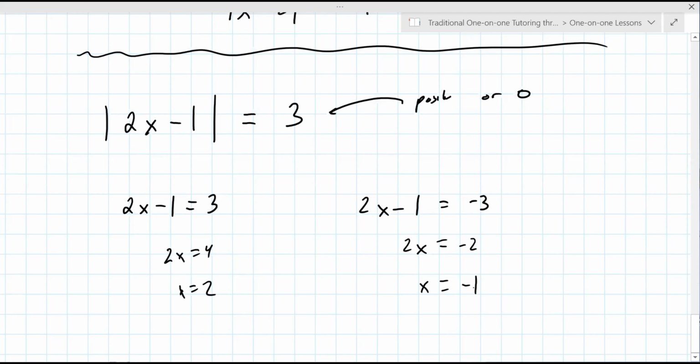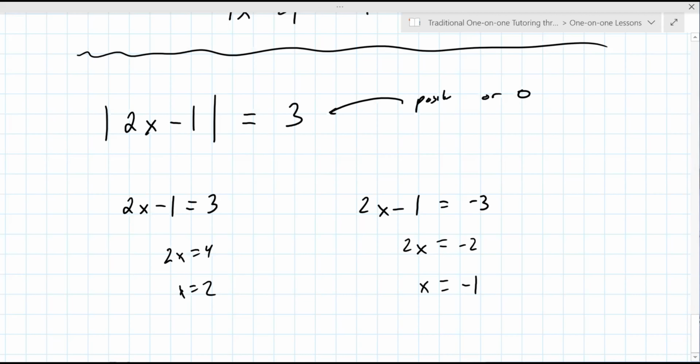Yeah. So it's actually the exception that they're positive and negative of each other. They're usually not in the same space. So my question is, getting those two answers like that, x equals 2 and x equals negative 1, what exactly is that doing?